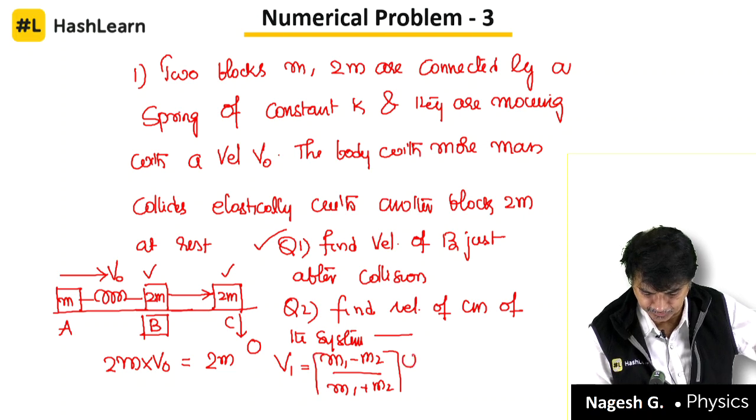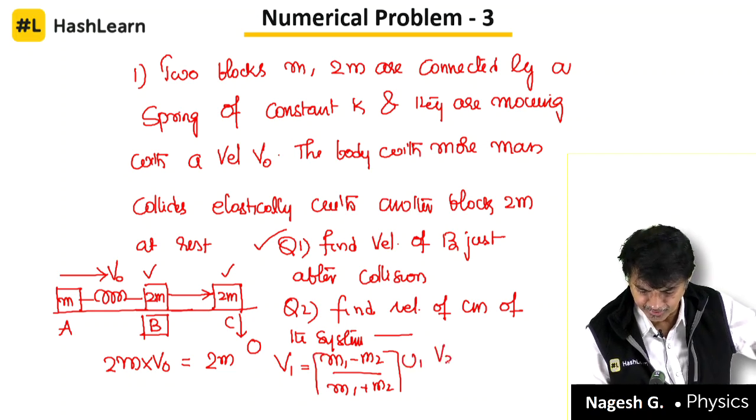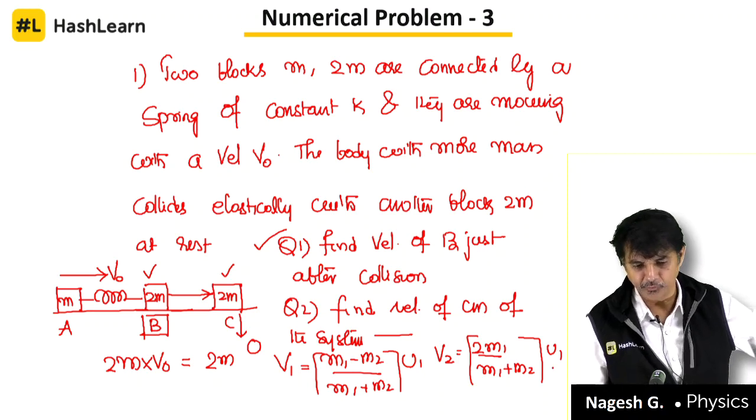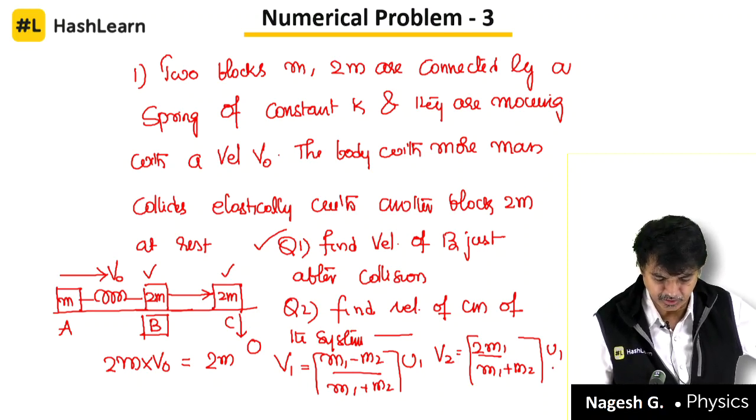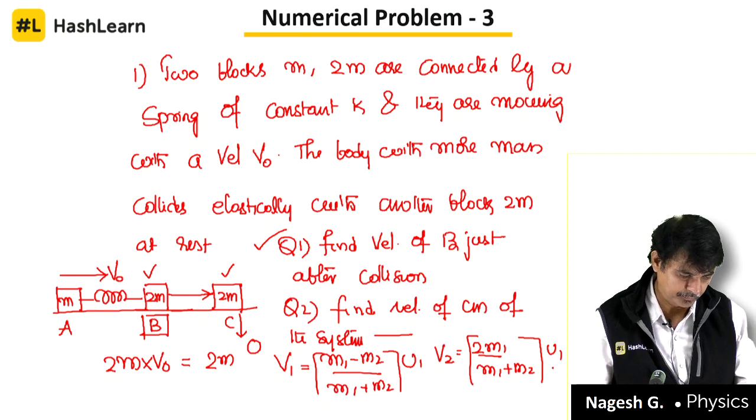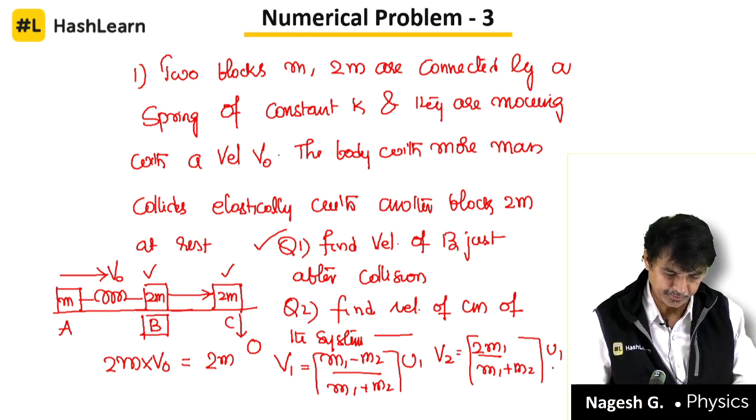This is a mathematical verification. And V2 is equal to 2m1 by (m1 plus m2) into u1. When you substitute, you get the velocity of block B equal to 0. That is the answer for the first part.